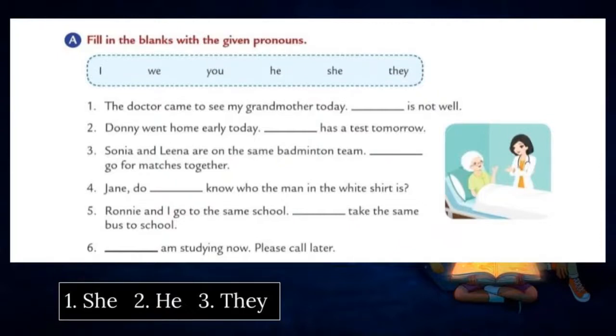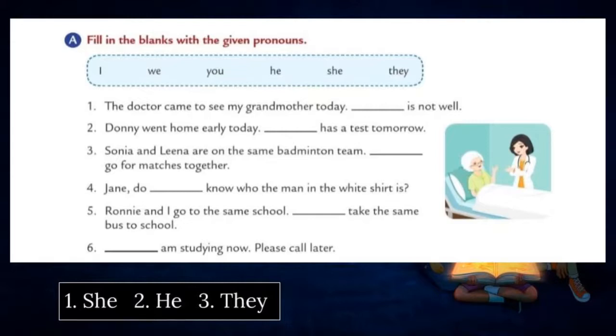Students, let's move to the first exercise, that is fill in the blanks with the given pronouns. Look at the box. They gave some pronouns inside the box. With the help of these pronouns, we should write the answers properly in the given sentence. The first one is, the doctor came to see my grandmother today. Dash is not well.